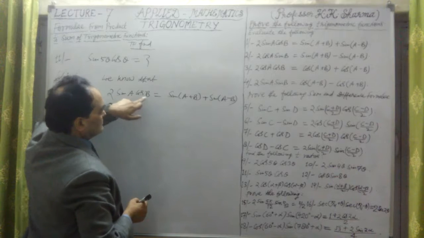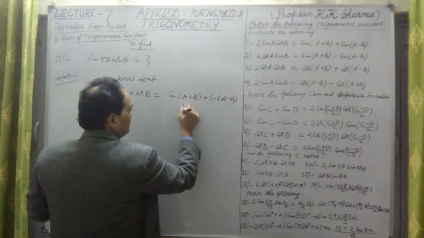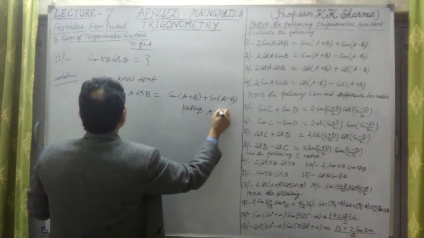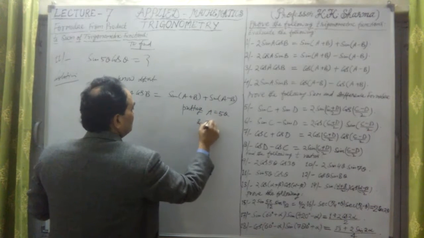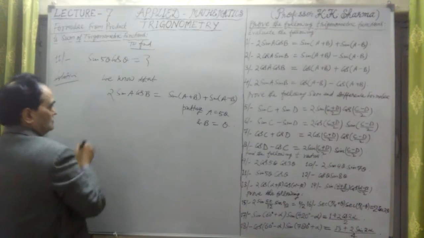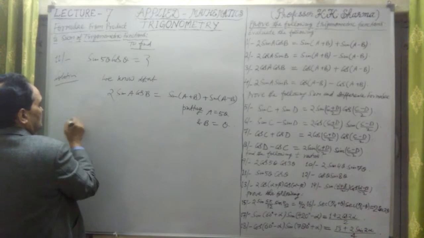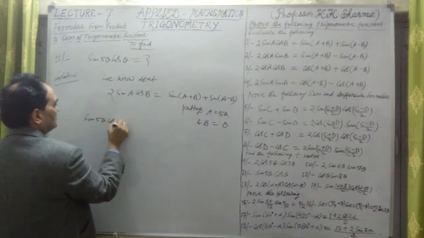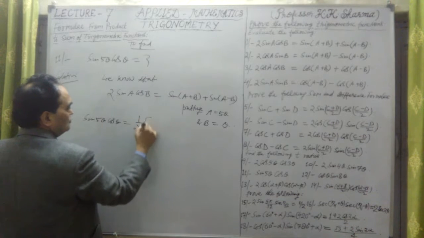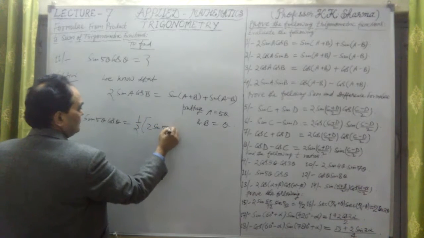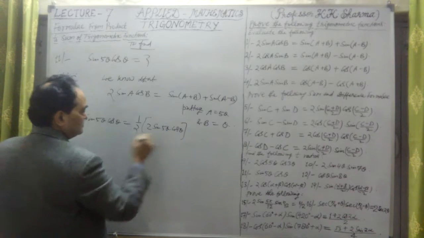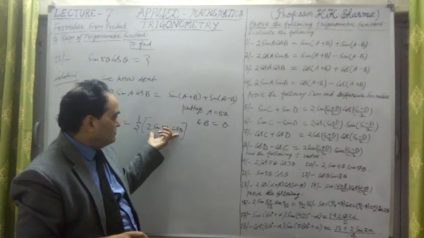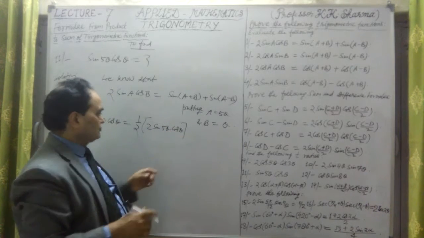Putting A equal to 5 theta and B equal to theta, sin 5 theta cos theta can be written as 1 by 2 into 2 sin 5 theta cos theta. We have to multiply by 2 and divide by 2 because 2 is not there. Now this formula can be applied.